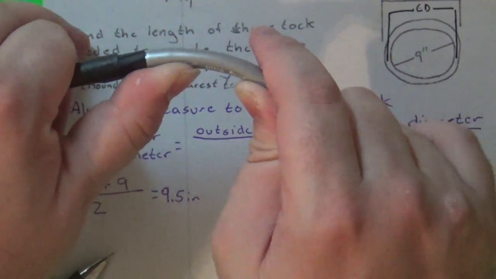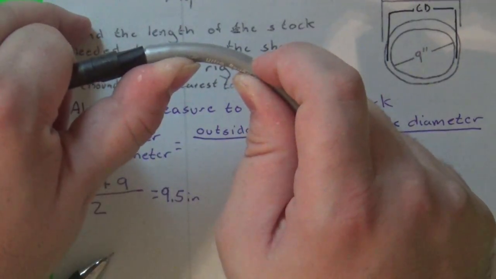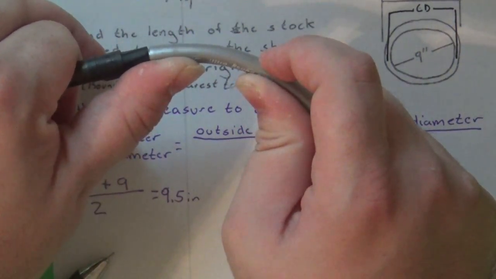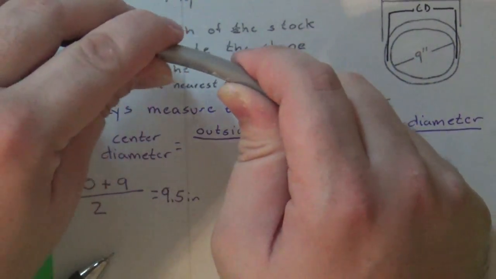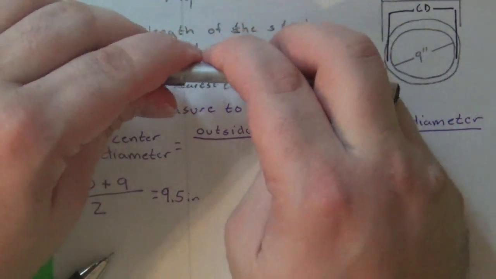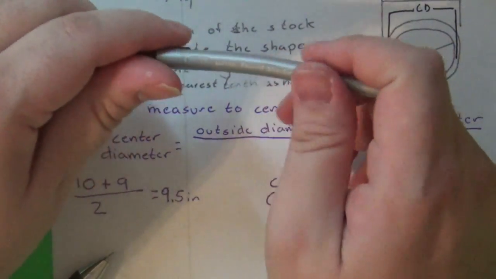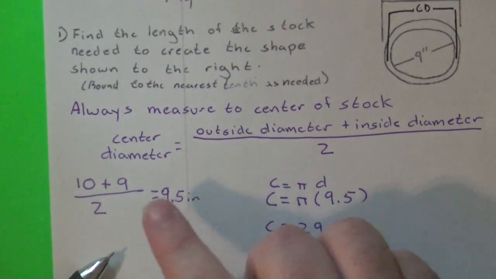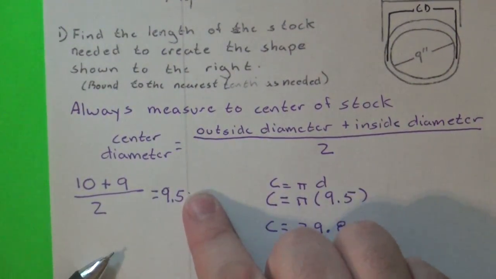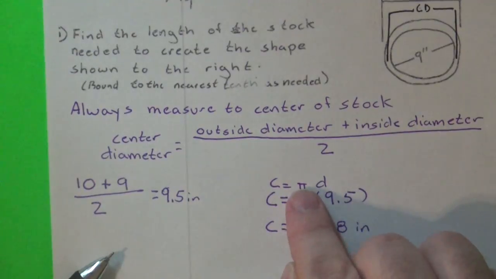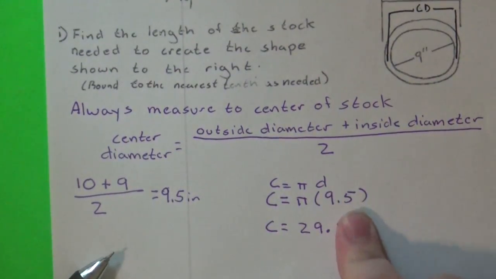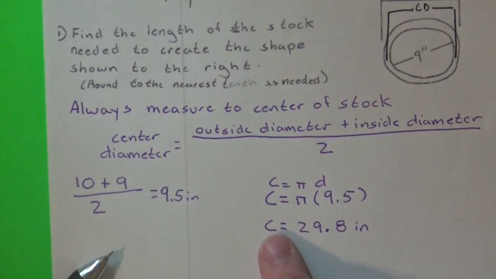It's not diameter, it's not the radius, we're not looking for area. Another way we can say length is perimeter. We're looking for the circumference. So we use this center diameter to find the circumference. Pi times diameter, pi times 9.5, and we get that the circumference is 29.8 inches.